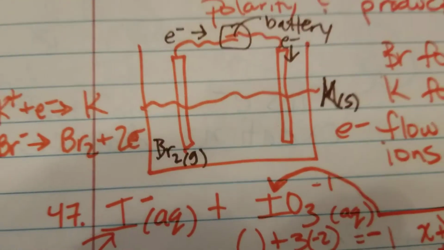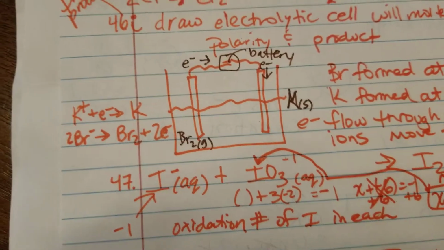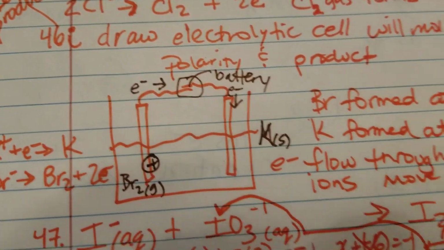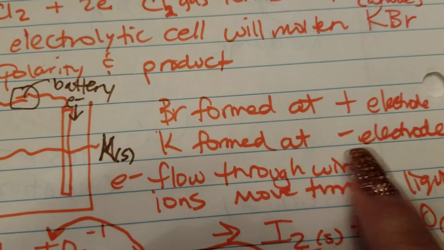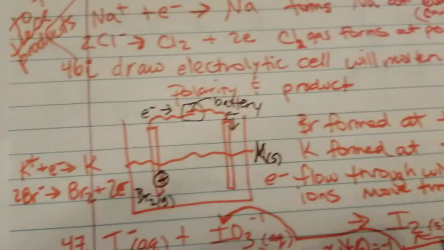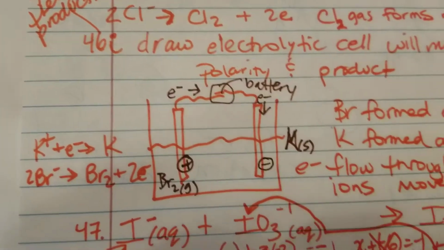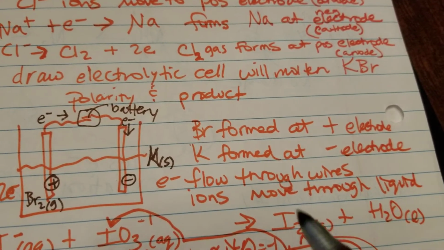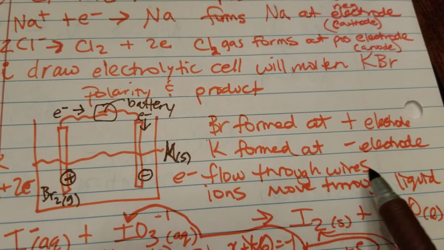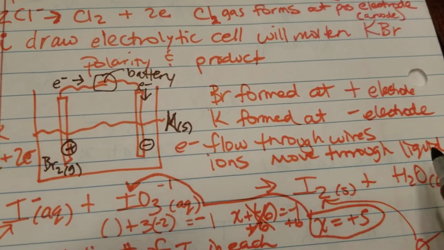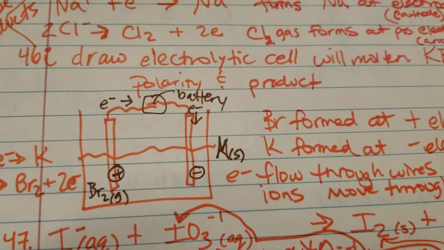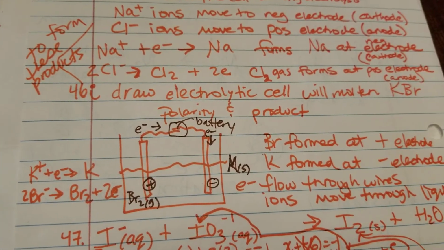And then the potassium is going to be formed at the negative electrode. The electrons flow through the wire, and ions move through the liquid. Okay, that's your electrolytic cell. That's 46I.